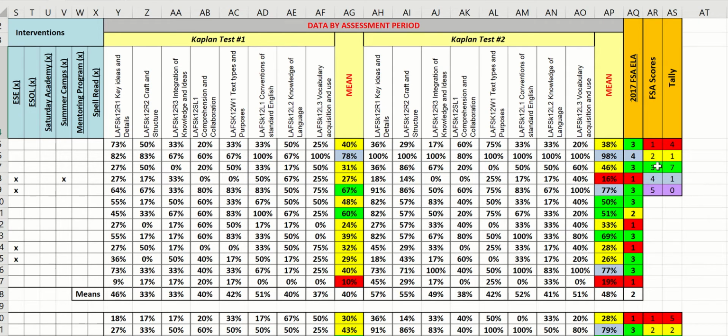Yellow is a level 2, green is level 3, 4 is a blue, and 5 is a purple. Students are expected to score at least a 3. And so you can see in this class on the FSA, they have 1, 2, 3, 4, 5, 6, 7, 8 students scoring at or above mastery level.